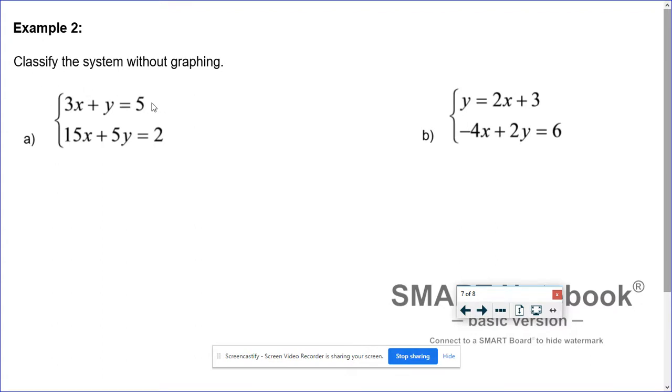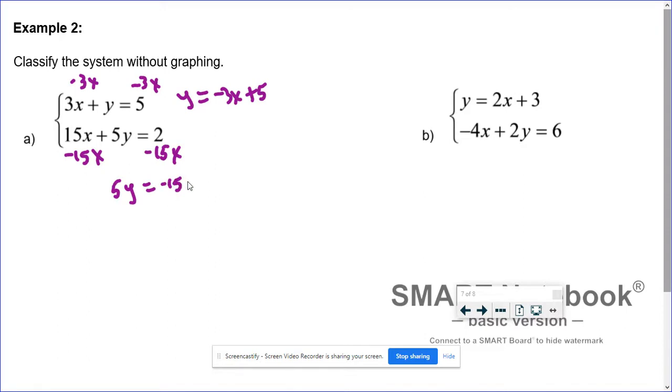So I'm going to take both equations and get them in slope-intercept form. So I'm going to subtract 3x from both sides here, and you end up with y is equal to negative 3x plus 5. Here I'm going to subtract 15x from both sides, and I get 5y is equal to negative 15x plus 2.